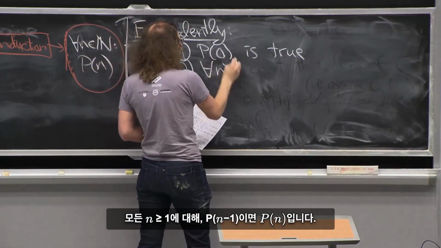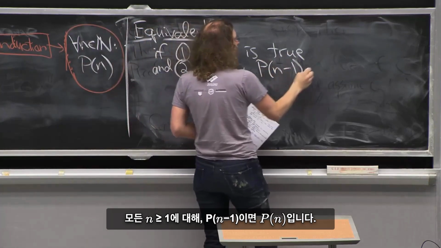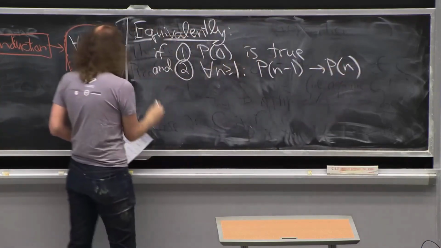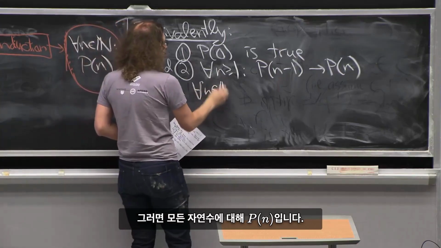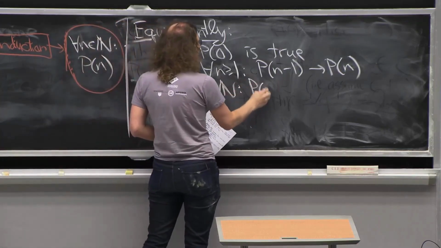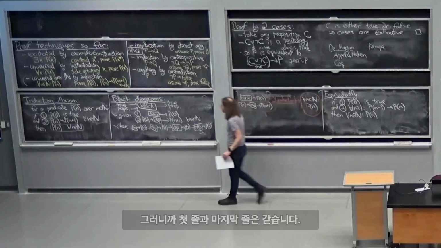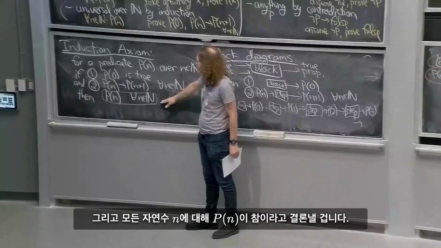For all n at least 1, P of n minus 1 implies P of n. Then for all natural numbers, P of n. So the first and last lines are the same. We're going to assume P of 0 is true. We're going to conclude P of n is true for all natural numbers.